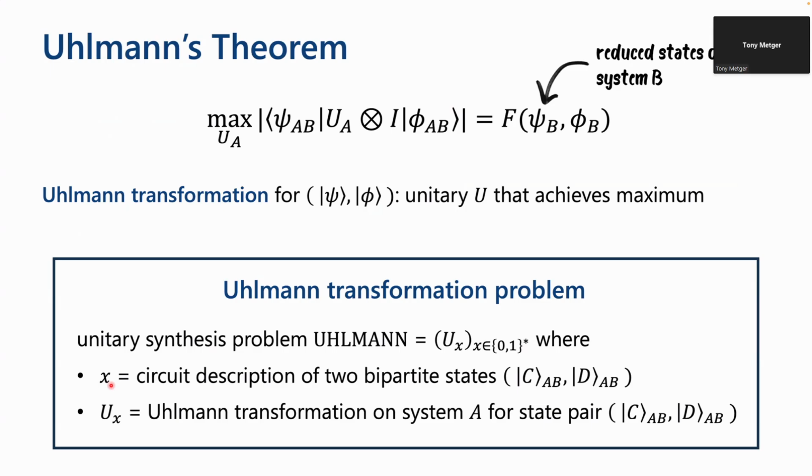You give me this description of the states, and I know the problem is to find this unitary. Let's say you could solve the problem of finding a description of the unitary in polytime, and I then have a circuit. How many gate elements does it take to implement that unitary? That's then the complexity. Yeah, that's precisely why I asked my question.